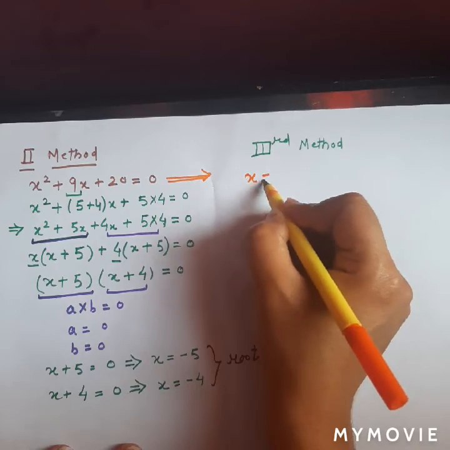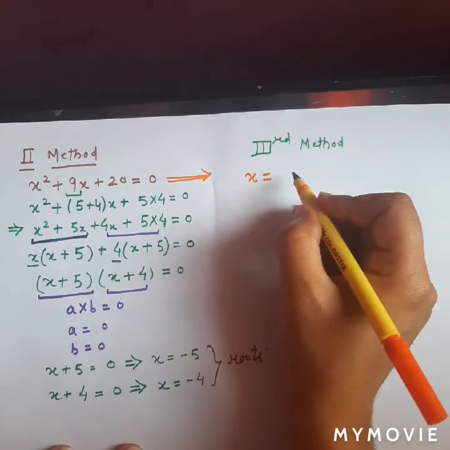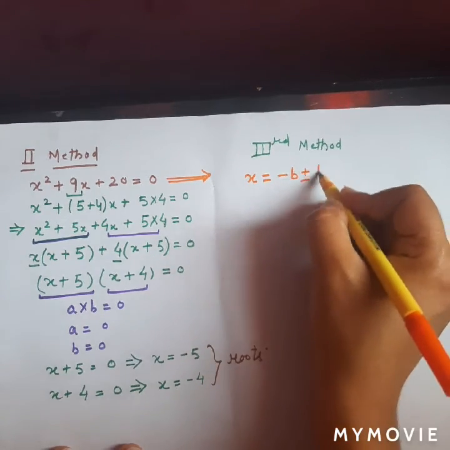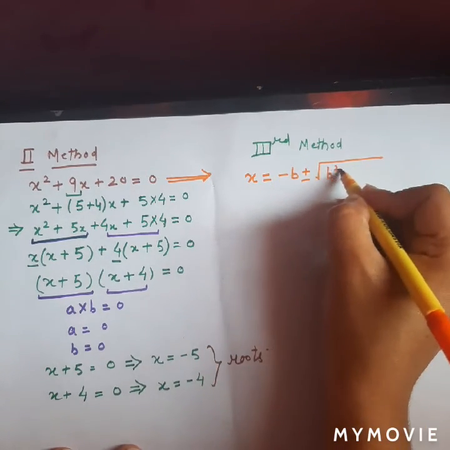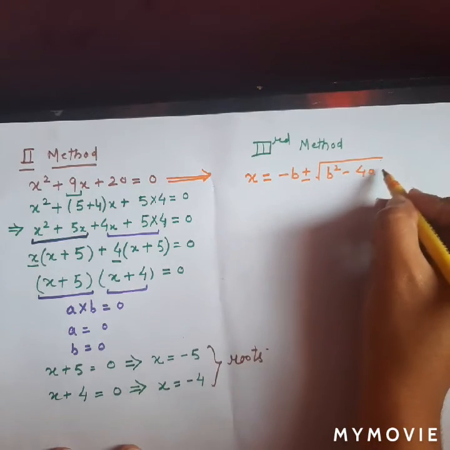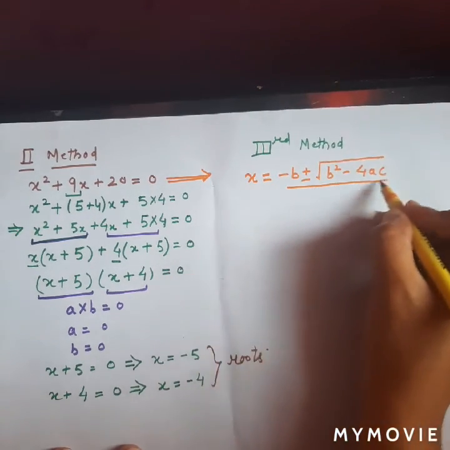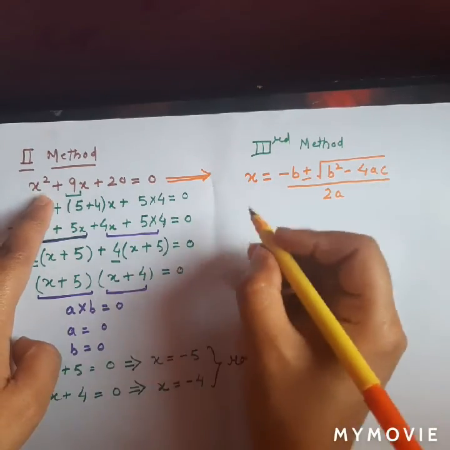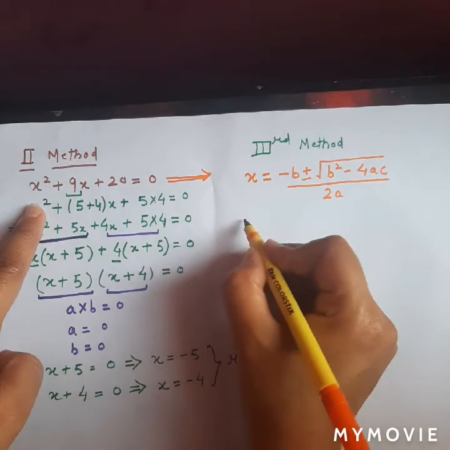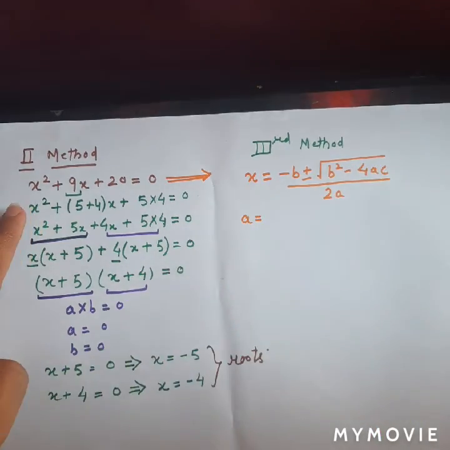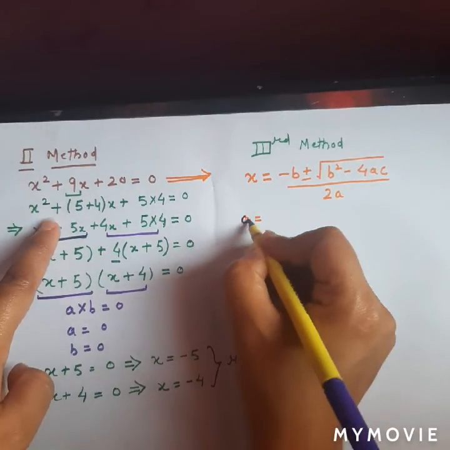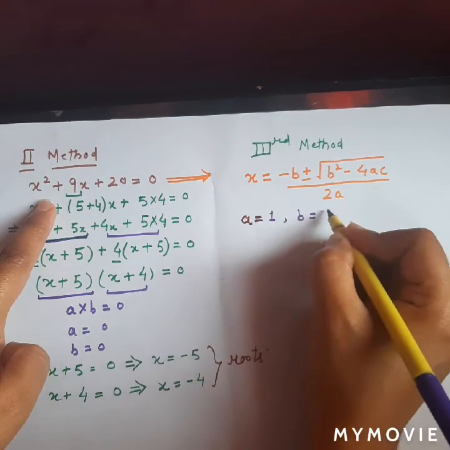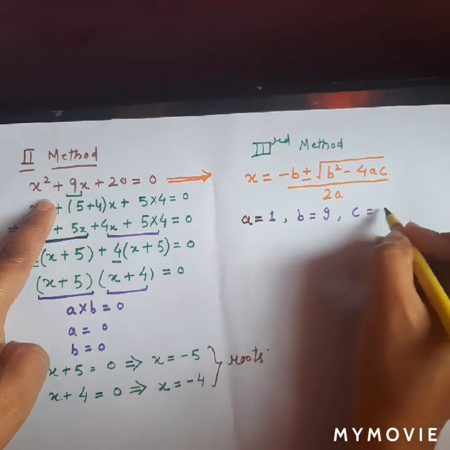The value of x, or the root of x, will be equal to, the formula is minus b plus minus under root of b square minus 4 into a into c divided by 2a. As we already know, the value of a over here is equal to 1, the value of b is equal to 9, the value of c is equal to 20.